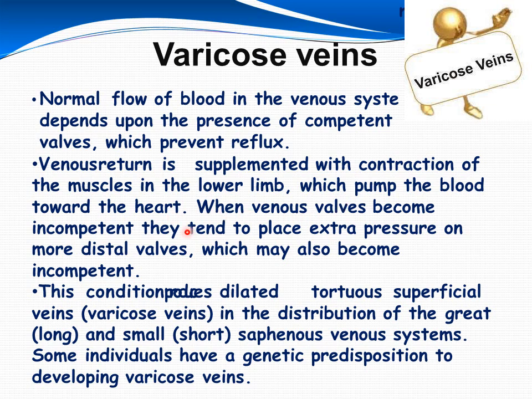When venous valves become incompetent, they place extra pressure on the more distal valves, which may also become incompetent. This condition produces dilated, tortuous superficial veins, known as varicose veins, in the distribution of the great and short saphenous vein system. Some individuals may have a genetic predisposition to develop varicose veins.